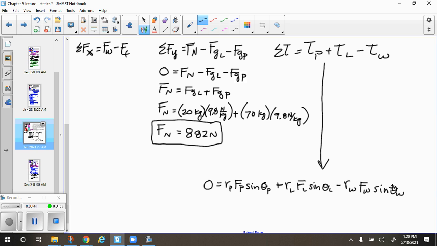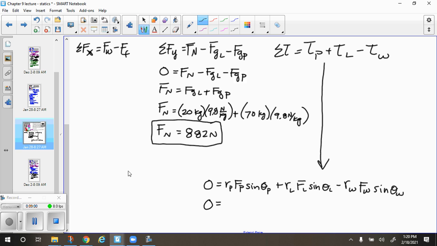Remember, the theta is the angle between the radius and the force. We are solving here for the force from the wall. So we can keep track of what everything is, I'm going to go ahead and plug in numbers now, even though usually we isolate first.